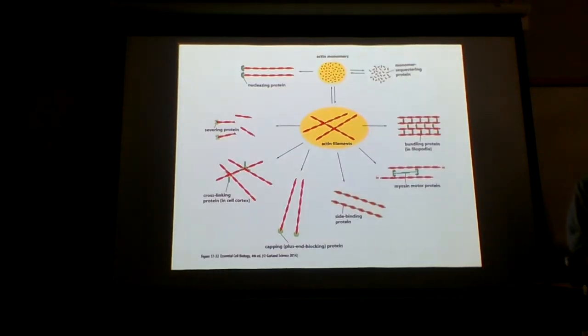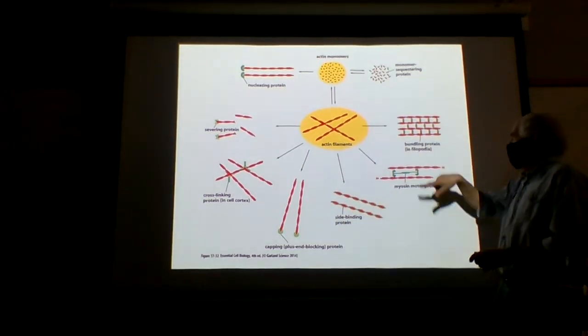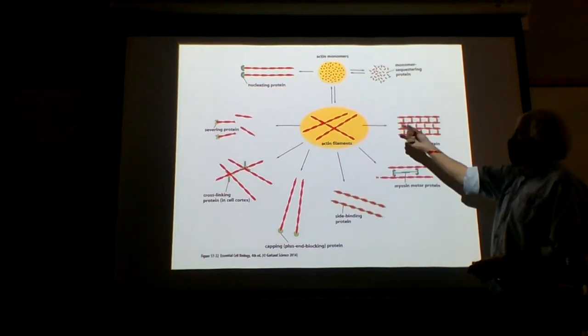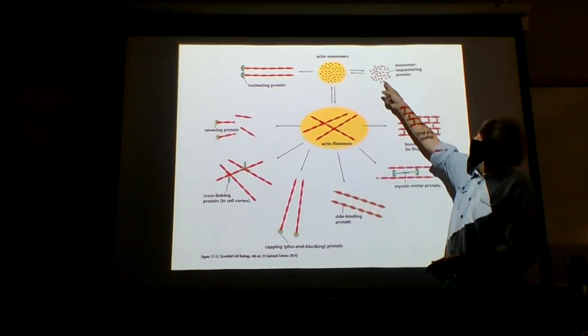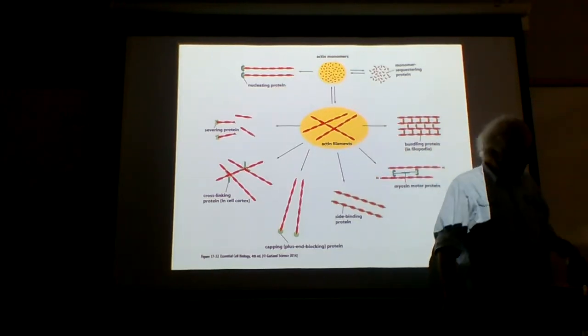All right, here is this biz about some of the different kinds of proteins that are involved here. We have cross-linking proteins, side-binding proteins, capping proteins. There's myosin, bundling proteins. There are things that are going to sequester the individual monomers and keep them from forming up.